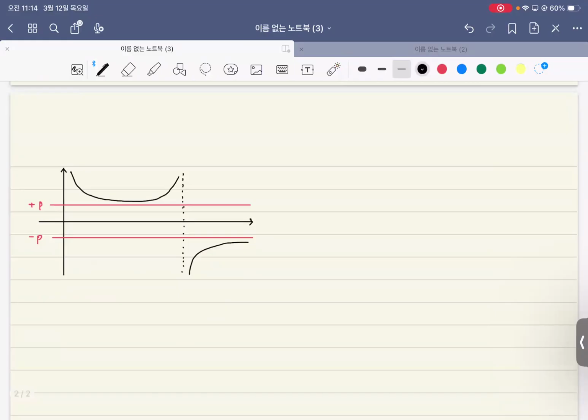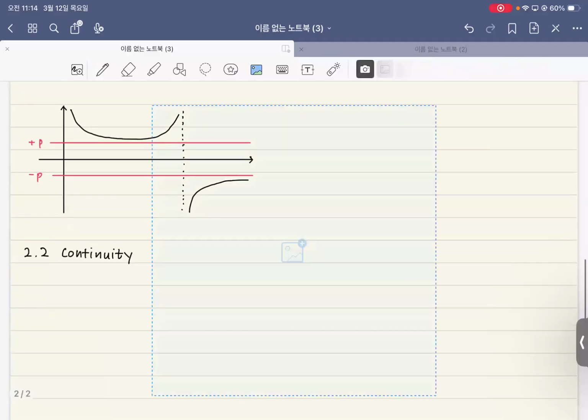Now we are turning to the rigorous mathematical definition of continuity.